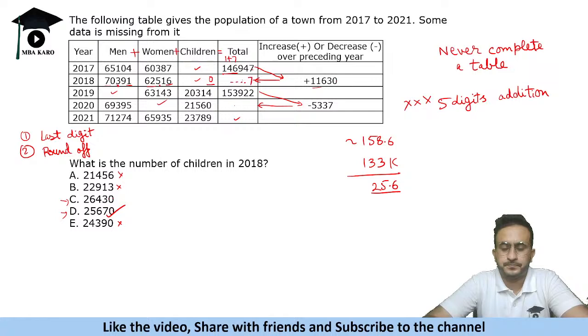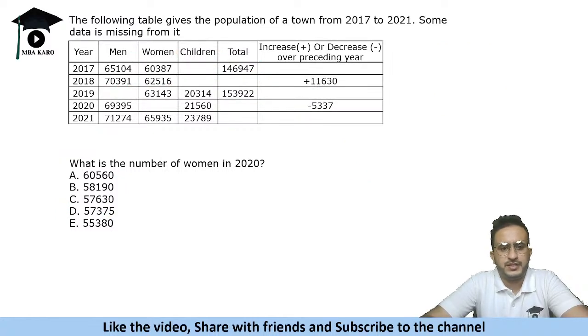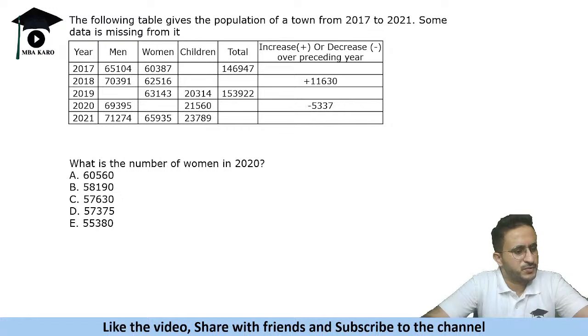Okay. All right. Next is, what is the number of women in 2020? Now here you see four options with 0. So maybe 0 might be the answer.